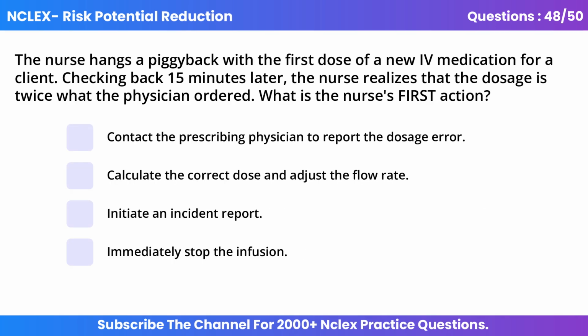Question 48. The nurse hangs a piggyback with the first dose of a new medication for a client. Checking back 15 minutes later, the nurse realizes that the dosage is twice what the physician ordered. What is the nurse's first action?